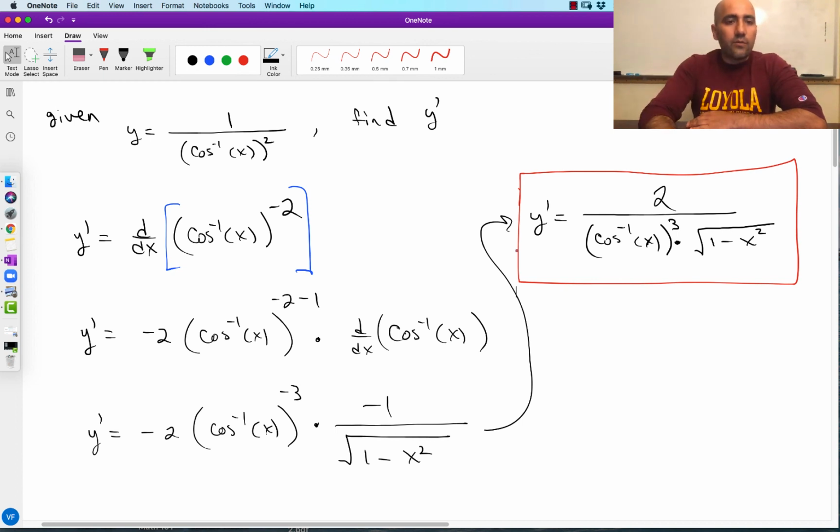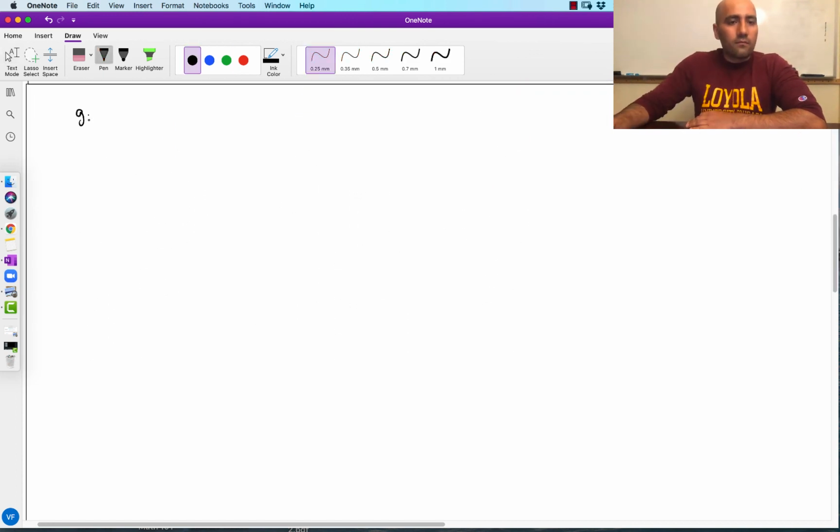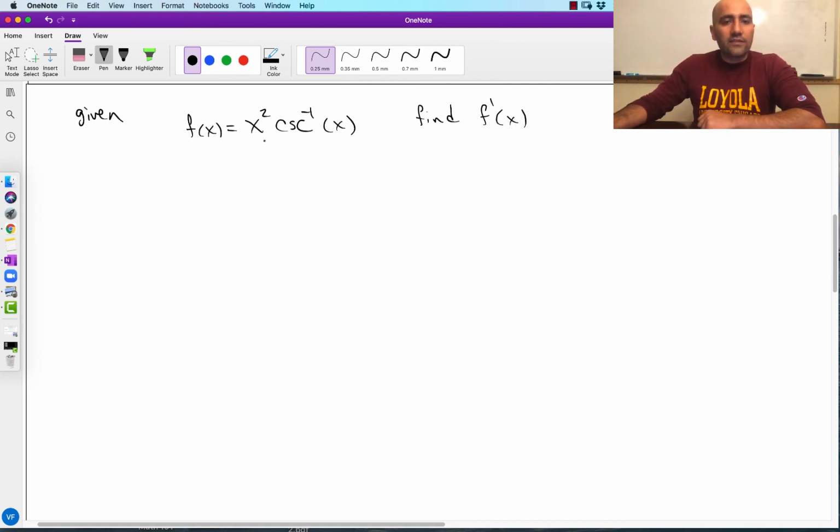Okay, let's try one more. Given f of x equals x squared cosecant inverse of x, find f prime of x. Find the derivative. Okay, so that means that f prime of x is going to be equal to the derivative with respect to x of this whole thing, x squared times cosecant inverse of x.